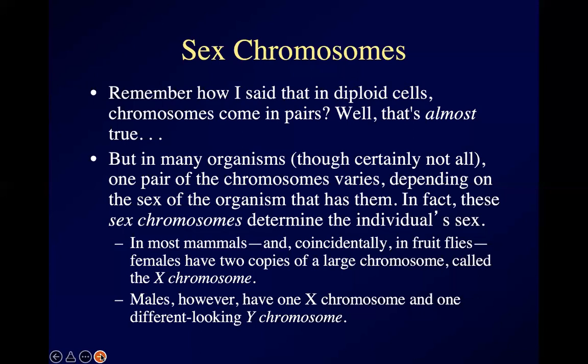In most mammals, and also in fruit flies, females have 2 copies of a large chromosome called the X chromosome. Males, however, will typically have 1 X chromosome and 1 smaller chromosome called the Y chromosome.